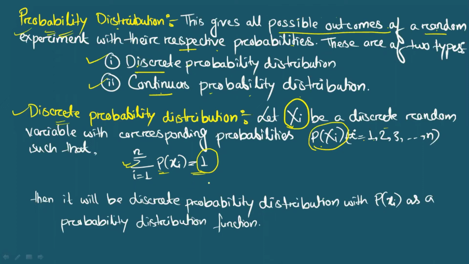Clear? Now you see an example. We have already seen one example, when you are taking a dice. When you are throwing the dice, how many outcomes you will get? 6 outcomes. What are the outcomes? 1, 2, 3, 4, 5 and 6. These are the 6 outcomes. So these outcomes I'm writing as xi.